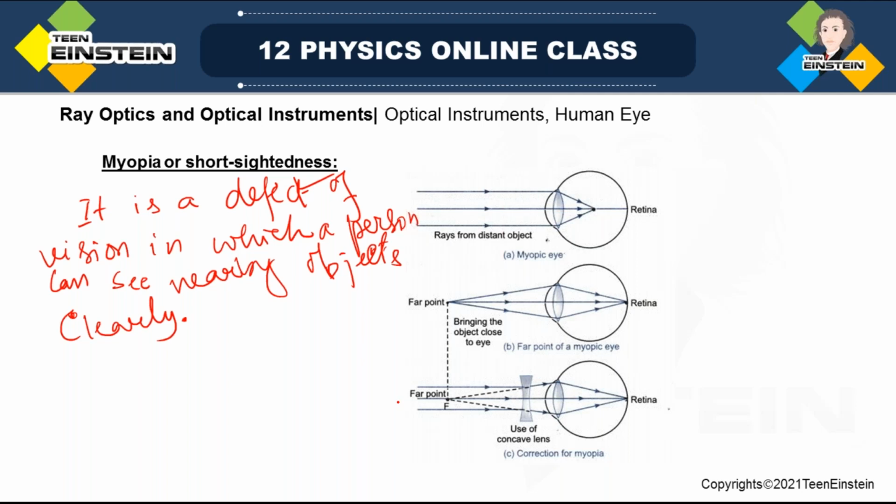So now the question is, how does myopia happen? There are actually two main reasons. The defect arises because the eyeball gets elongated along its axis, so that the distance between the lens and the retina becomes longer.